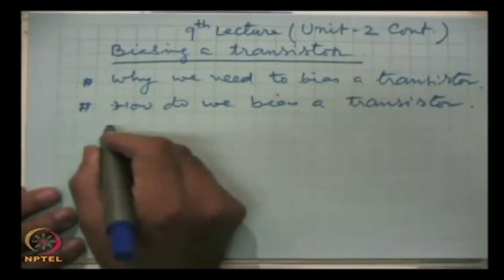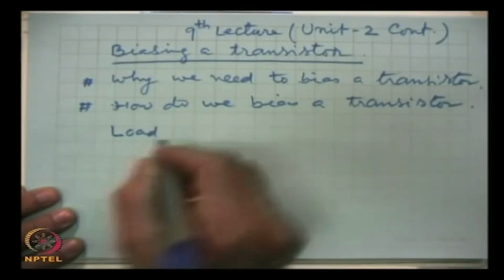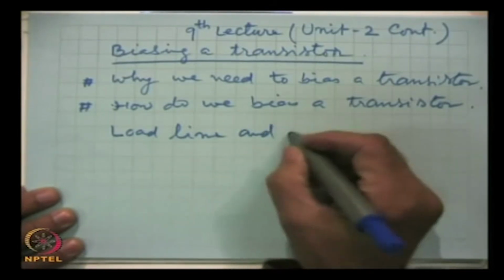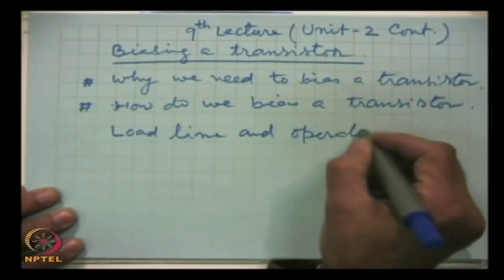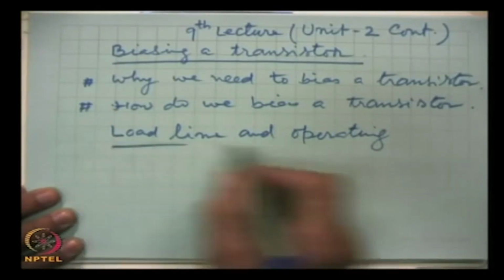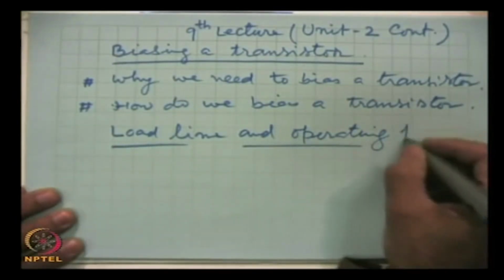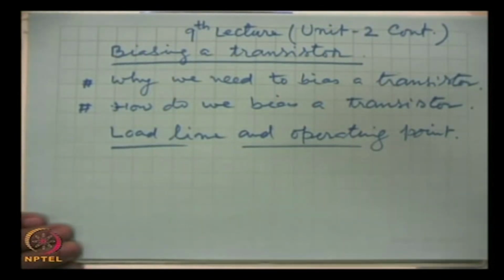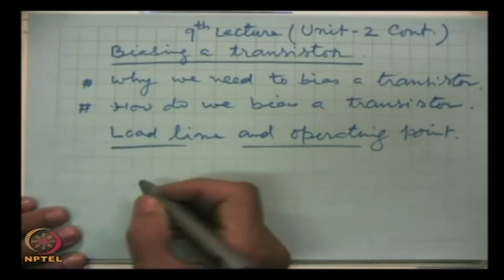But before that, because this will need the concept of load line and operating point, first we talk on these points: what is load line and what is operating point, that we should discuss. For this, we consider a small circuit.